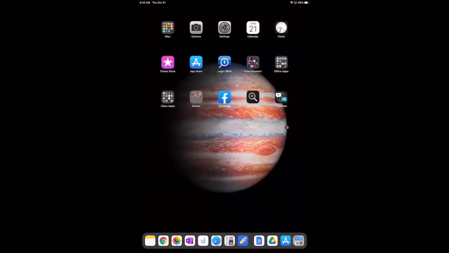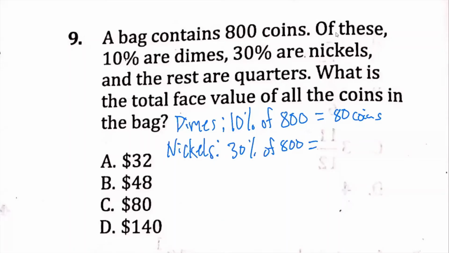So 30% of 800 is equal to 240. So we have 240 coins that are nickels. And then quarters, right?